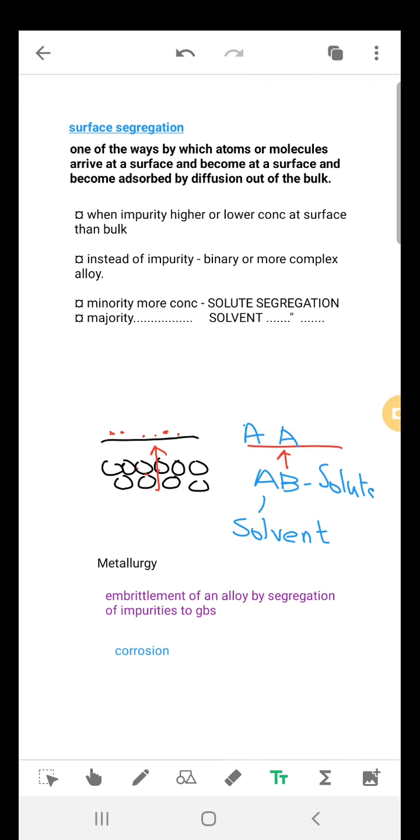Now, the theory of surface segregation, or the thermodynamics of surface segregation, was given by William Gibbs.